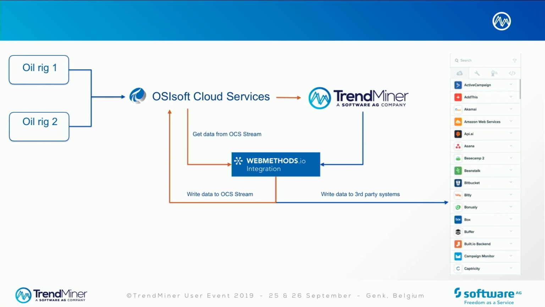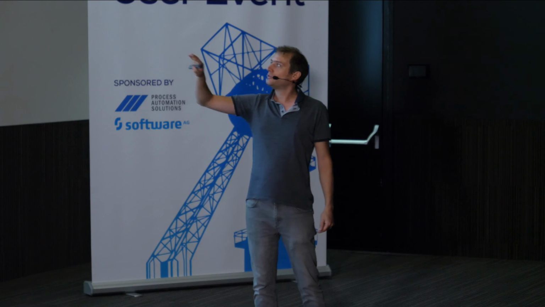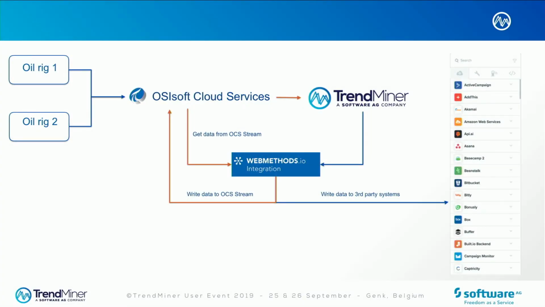We have also discussed how you can hook up WebMethods from TrendMiner when a webhook is triggered, but you can also hook up WebMethods directly with the read stream reading directly to OSIsoft Cloud Services should you want to do so. So you can basically combine these things in many different ways to implement various use cases.